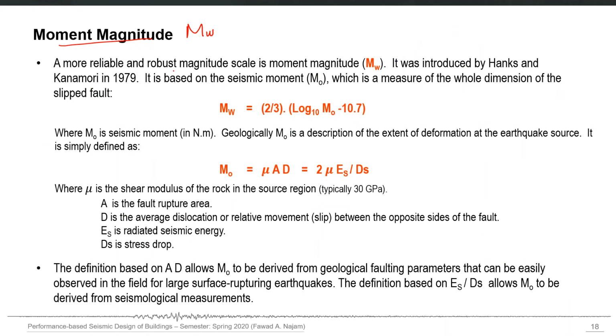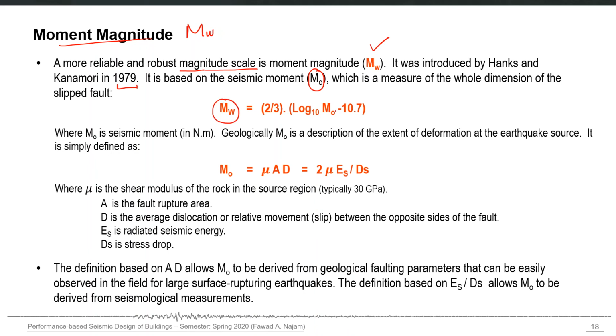It is a more reliable and robust magnitude scale, introduced in 1979, and it is based on the seismic moment. Seismic moment is a measure of the actual amount of energy released during that earthquake, and it is calculated from the dimensions of the slip fault.